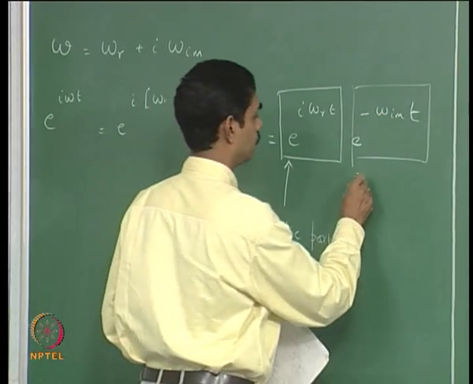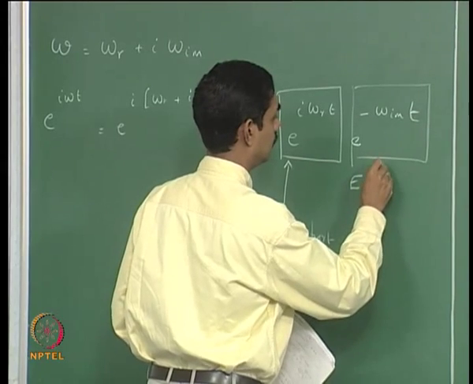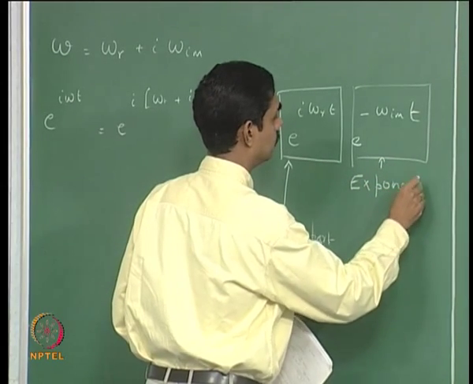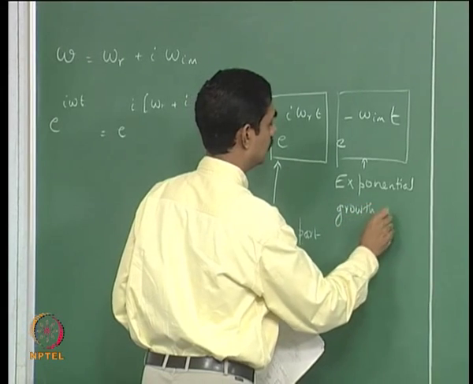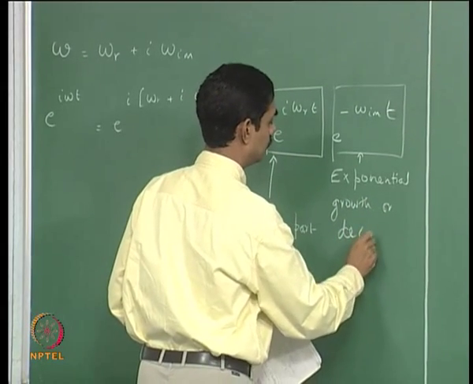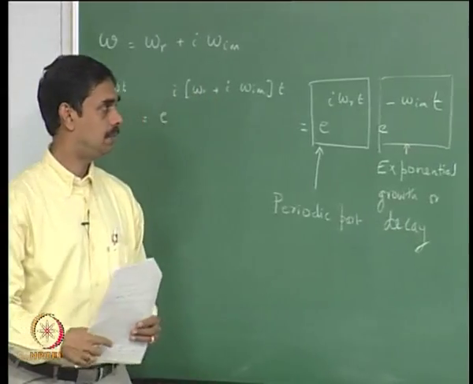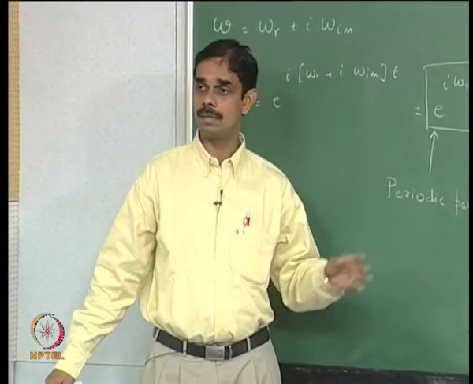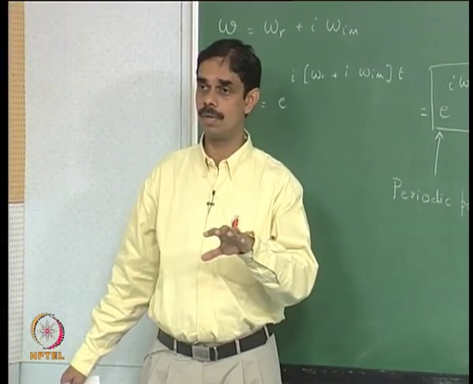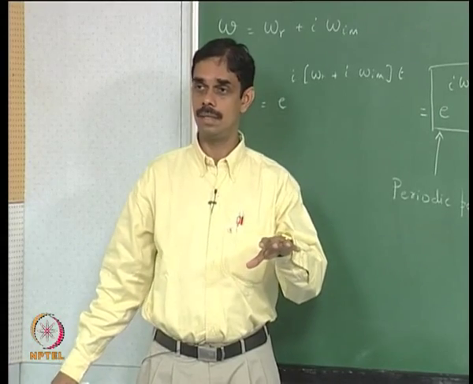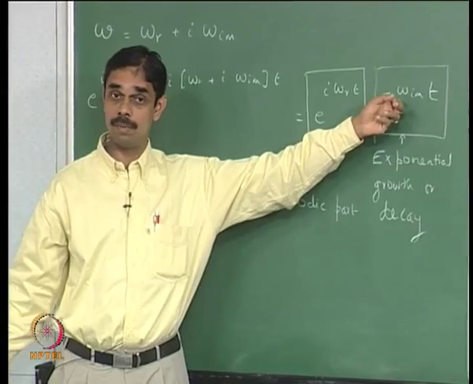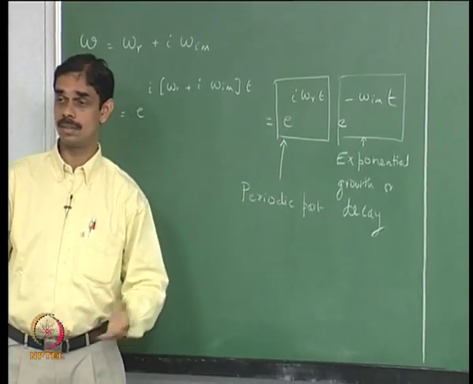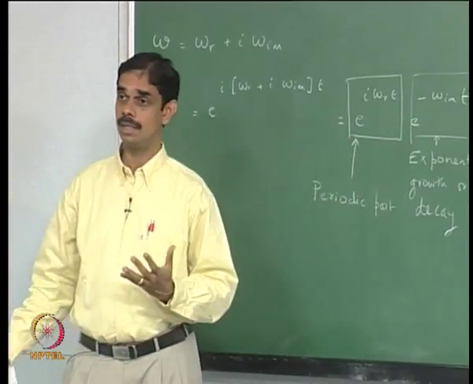So I'll say this is exponential growth or decay. If you have only a real frequency, that means you have a periodic component and it's neither growing nor decaying. But if you end up with an eigenvalue which has a complex part, the imaginary part would indicate what is called a growth rate or a decay rate.